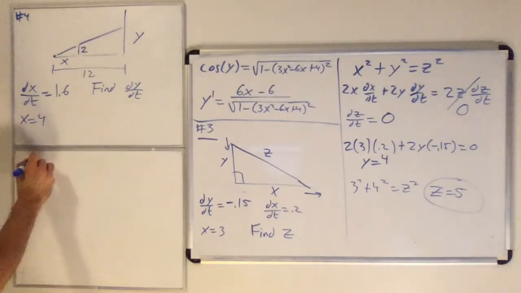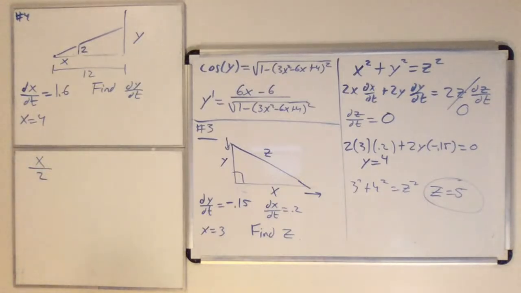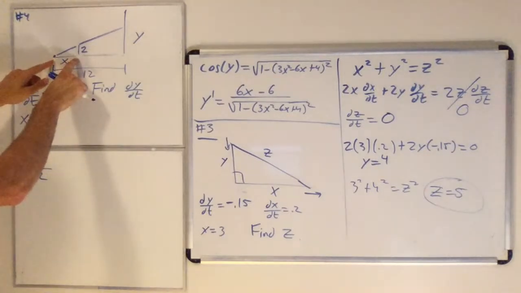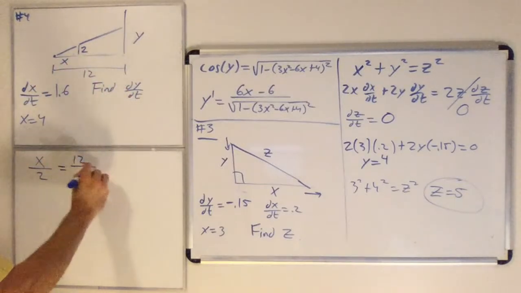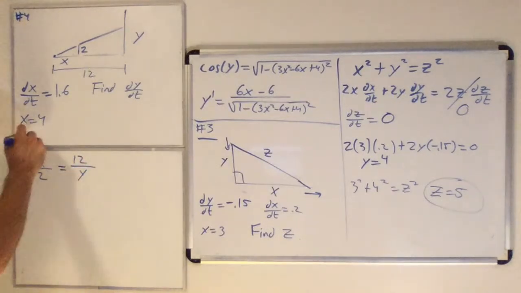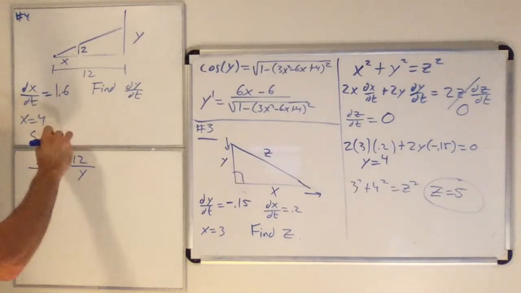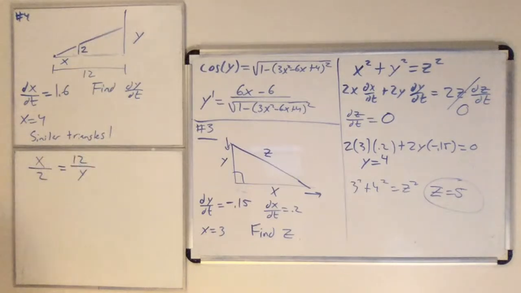Okay, so X over 2 is equal to 12 over Y. So these are similar triangles. Okay, now where can we go from here?